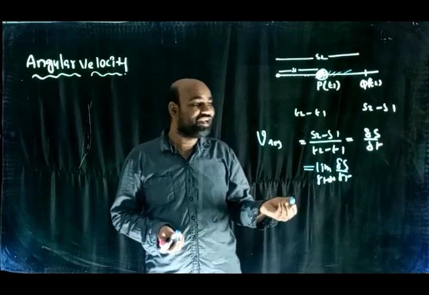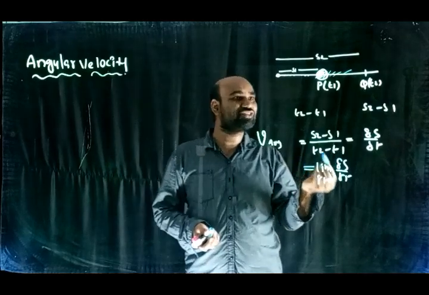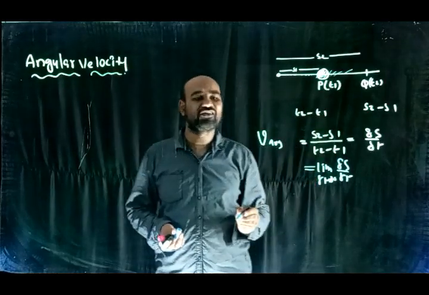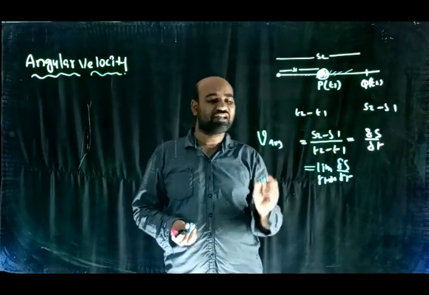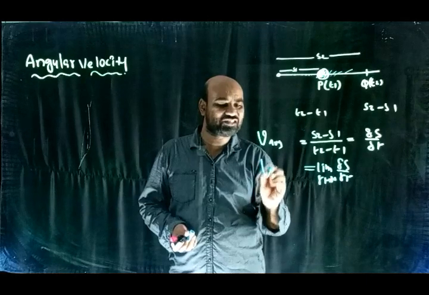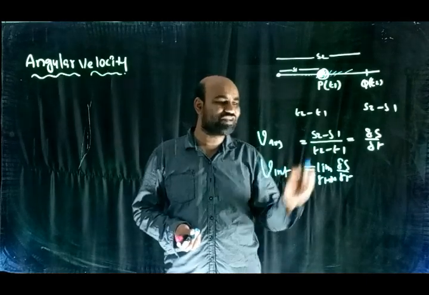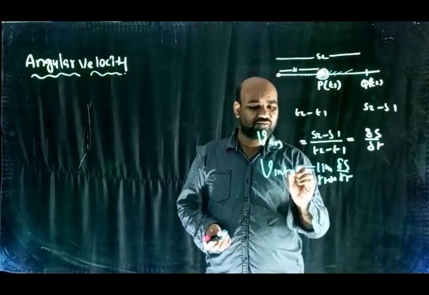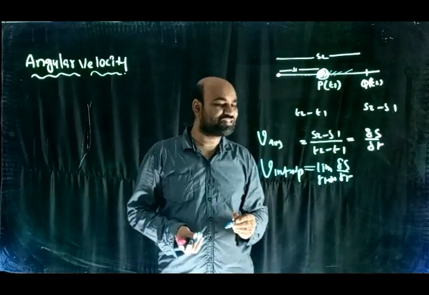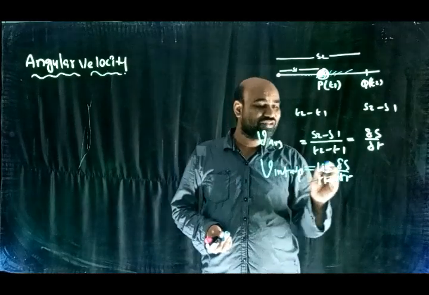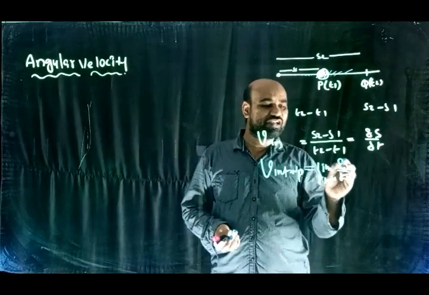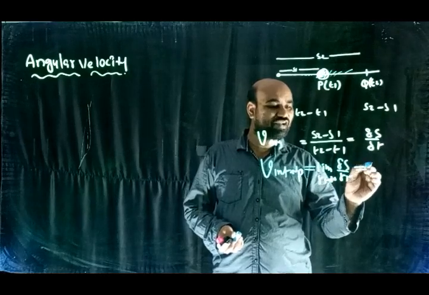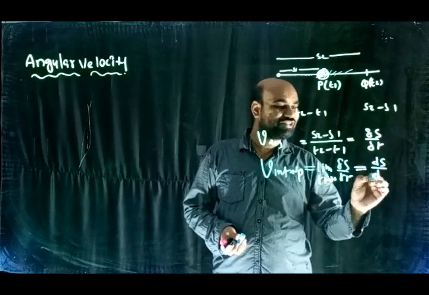This is the instantaneous rate of change of displacement at the particular point P. This is called the velocity of the particle, or instantaneous velocity. The instantaneous velocity of the particle at P is the limiting value of delta s by delta t as delta t tends to 0, or simply ds by dt.